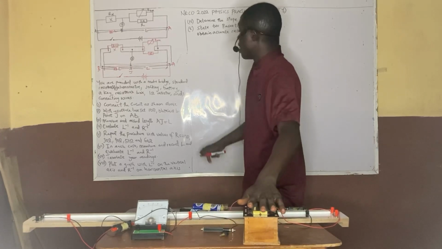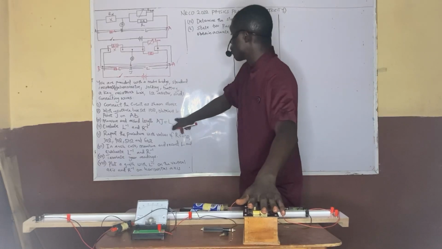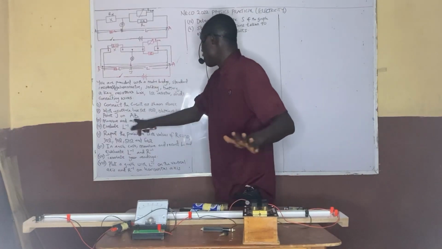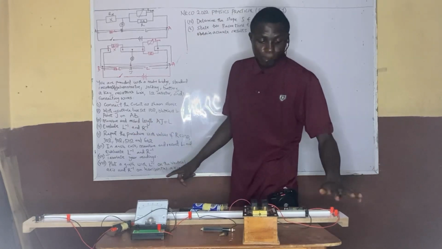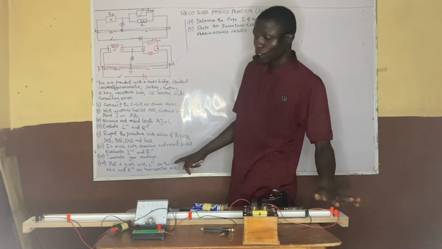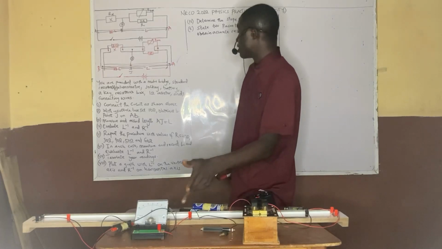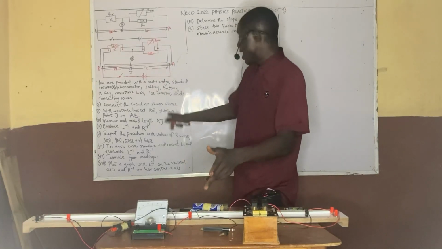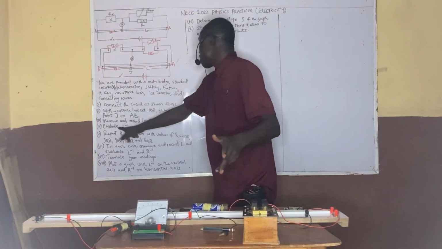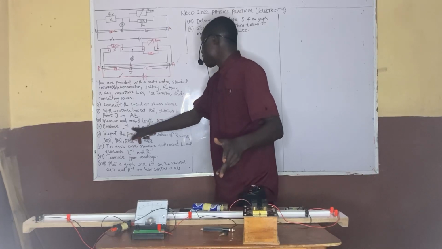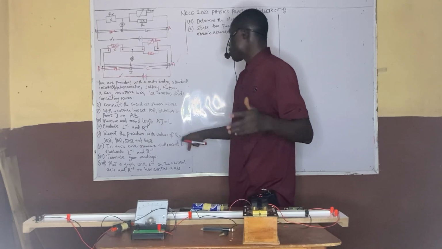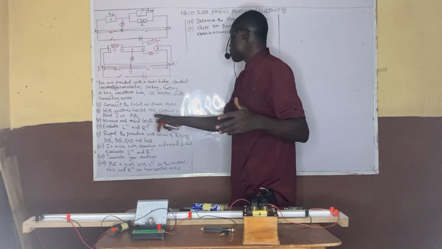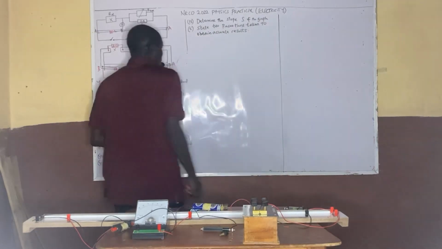Now we should obtain a balance point J on AB. Measure and record AJ, that is from the point A to the balance point, which is known as L. Evaluate L inverse and R inverse. Repeat the procedure with values of R equal to 20 ohm, 30 ohm, 40 ohm, 50 ohm, and 60 ohm.